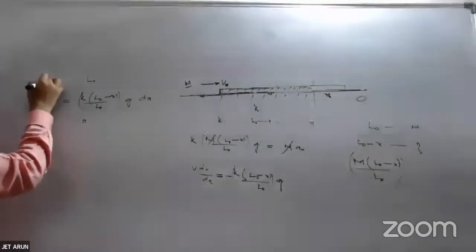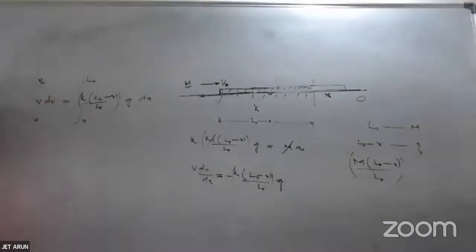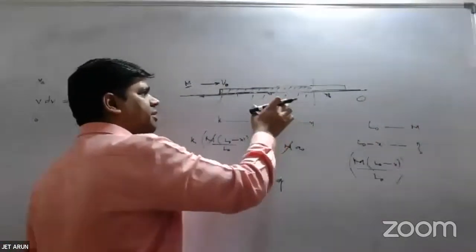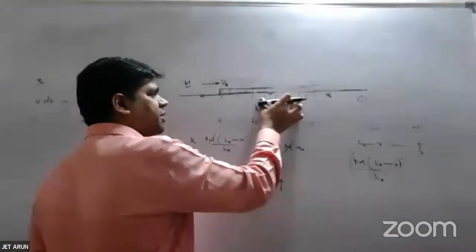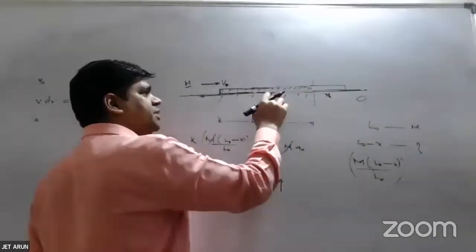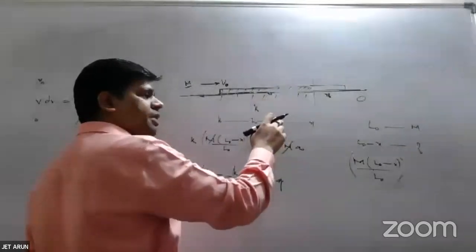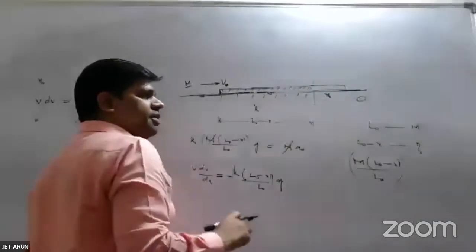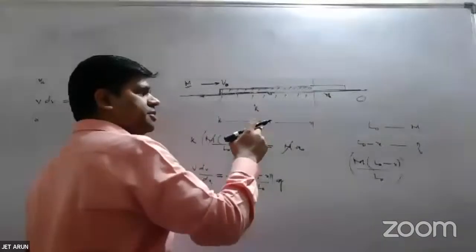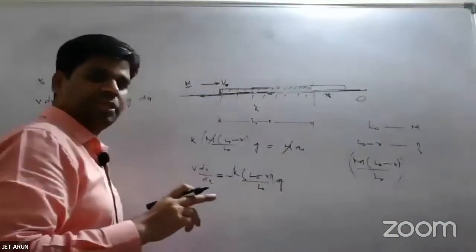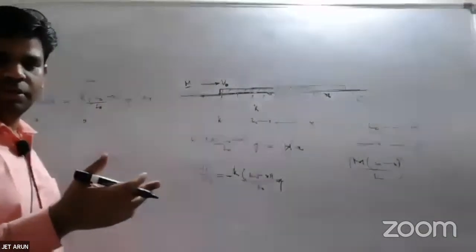But will it become 0? Why do I want it to become 0? Because the particle is retarding. As it goes on retarding, suppose it has moved a little to the right, the frictional force is reduced, but it's still towards left. Velocity is towards right, frictional force is still towards left. That means retardation, the acceleration is towards left. Velocity and acceleration are in opposite directions. That means the particle is always retarding. When the particle is retarding, there is a chance the particle comes to rest eventually.